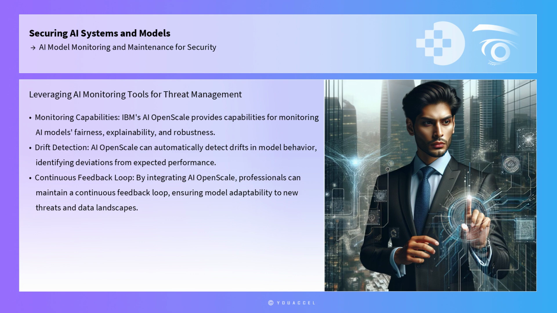To counter these threats, organizations can leverage practical tools and frameworks for AI model monitoring. One such tool is IBM's AI OpenScale, which provides capabilities for monitoring AI models' fairness, explainability, and robustness. AI OpenScale can automatically detect drifts in model behavior, an essential feature for identifying when a model begins to deviate from expected performance due to changes in data patterns.